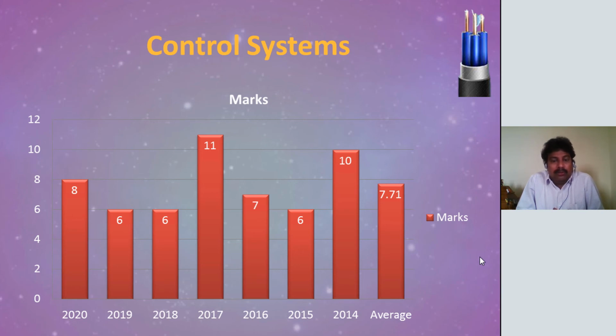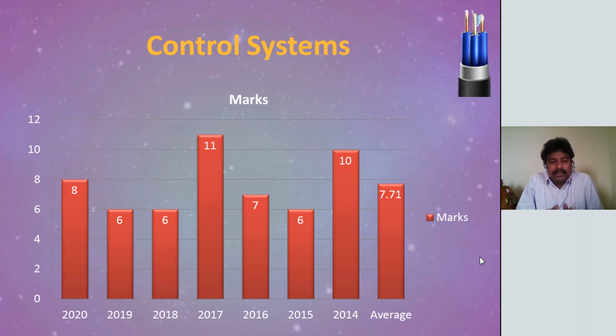Those who have prepared networks very well can opt for control systems, so that combined, the weightage of networks, control systems and fields comes to a figure equal to 23.